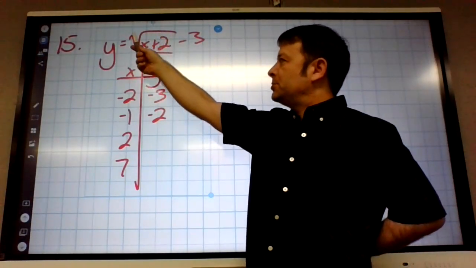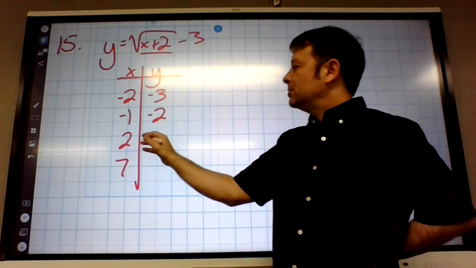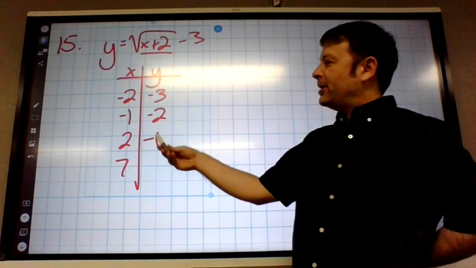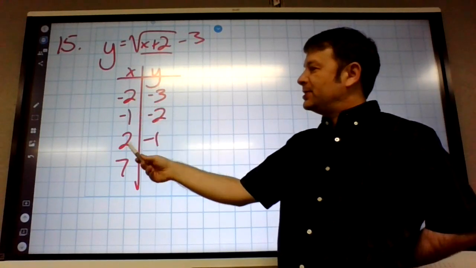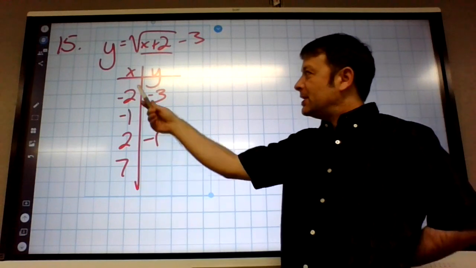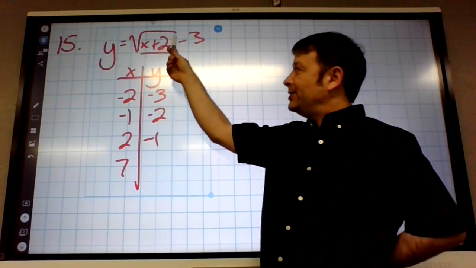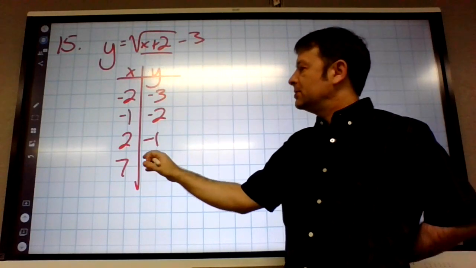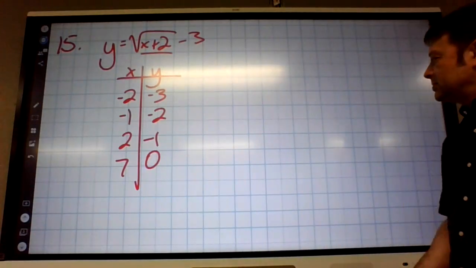Square root of 4 is 2, minus 3. When you choose the numbers like this, there's kind of a pattern over here, because we're choosing special numbers, so it works out nicely. 7 plus 2 is 9. Square root of 9 is 3. Minus 3, 0.